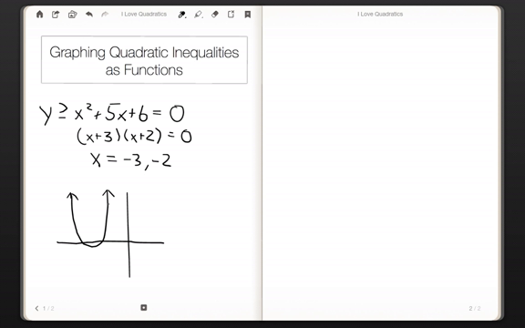Since the parabola is down here, then anywhere above this line has to be in this area. So let's just shade in that area. This whole area here is where this inequality is true.